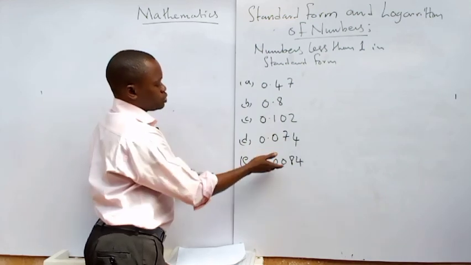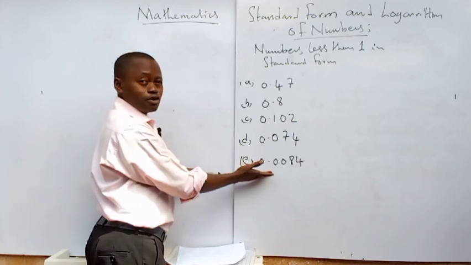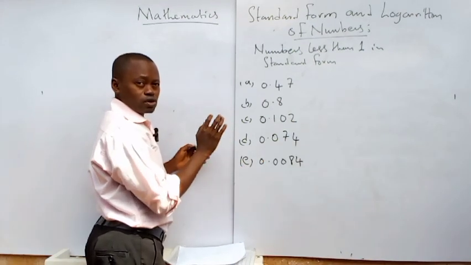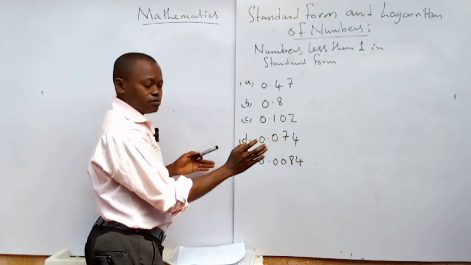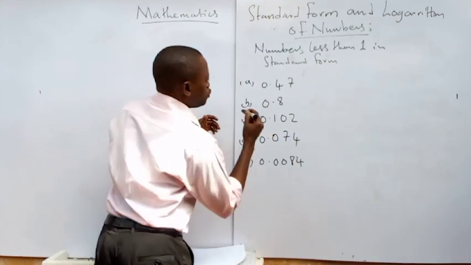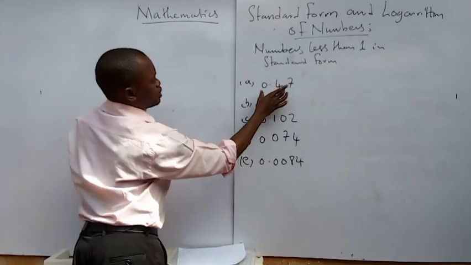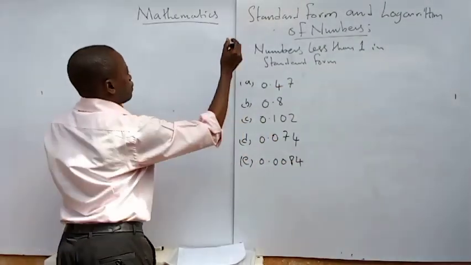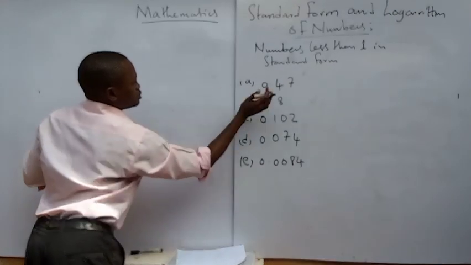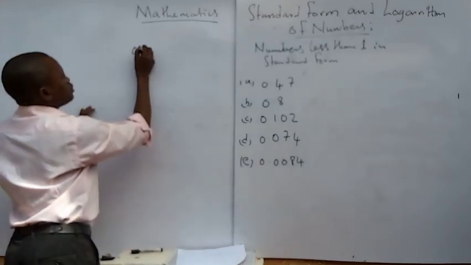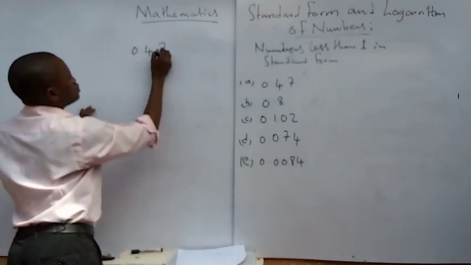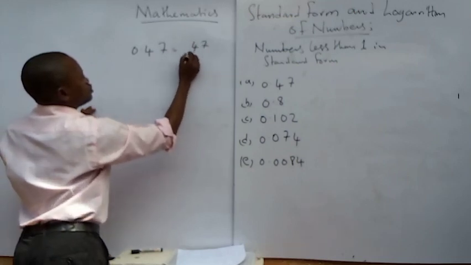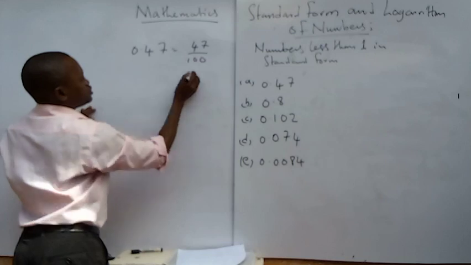So let's also look at a situation like this where the numbers are less than 1. Remember, we're heading somewhere. We're trying to connect this to logarithm of numbers. All right, follow me. How can I write this in standard form? Let me show you something. You see that 0.47 can be written as 47 over 100.